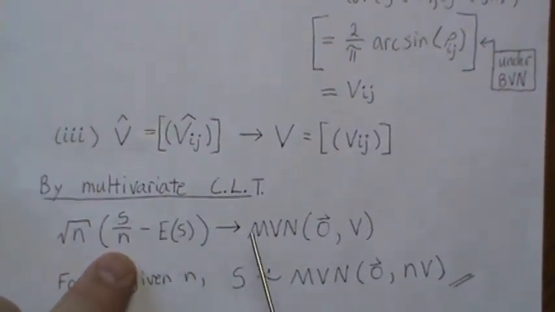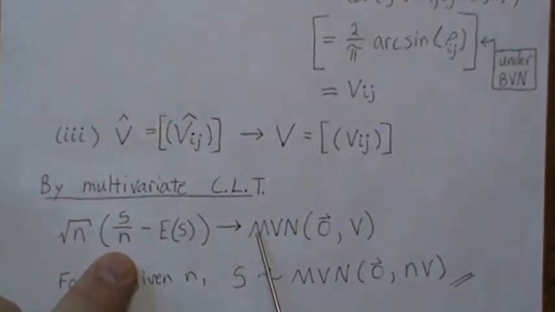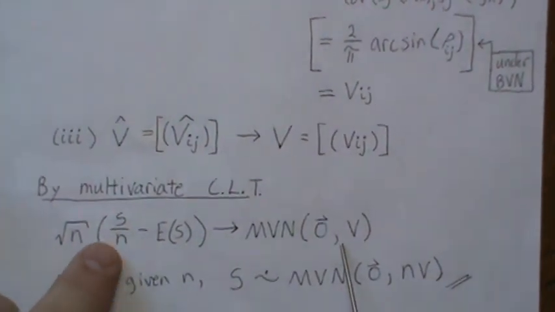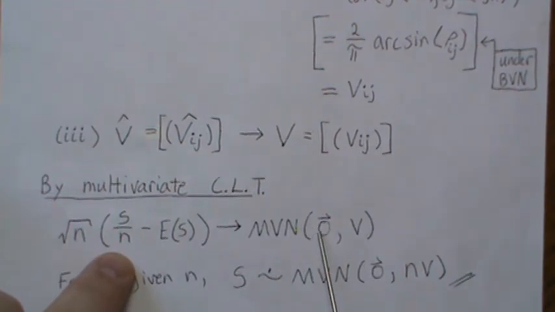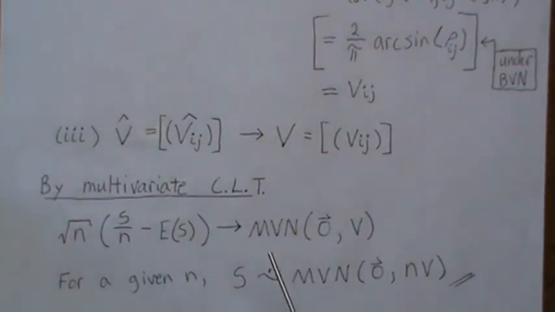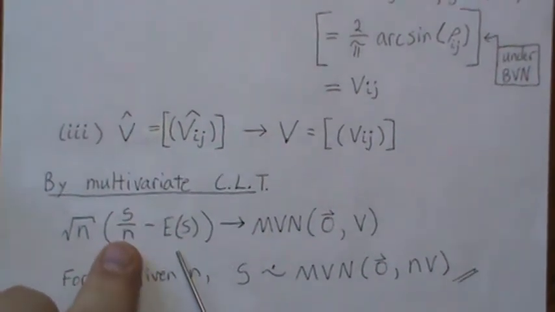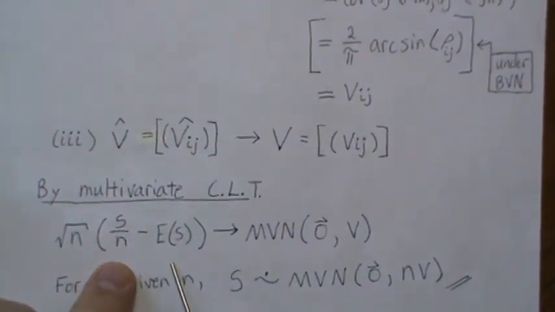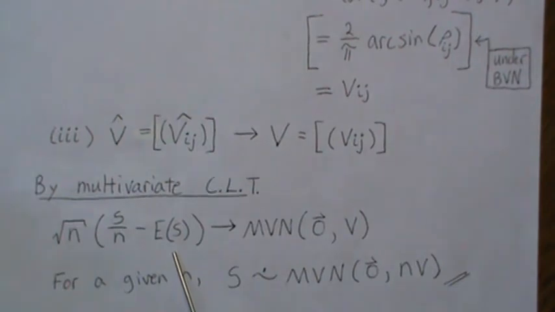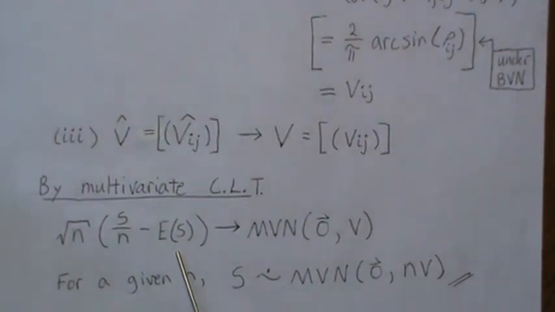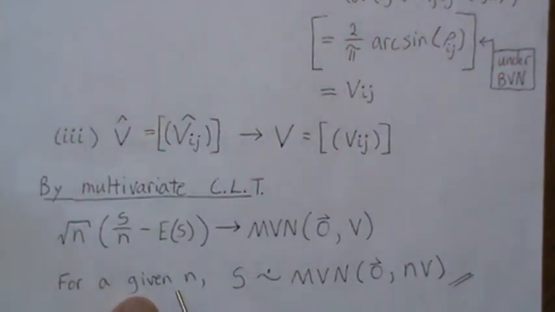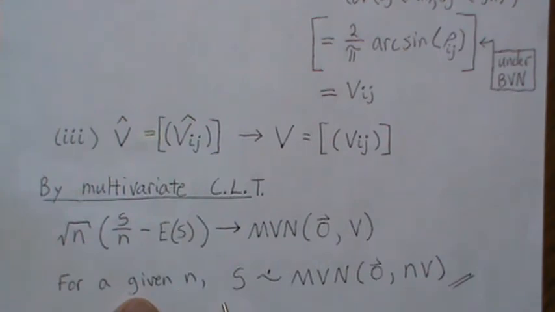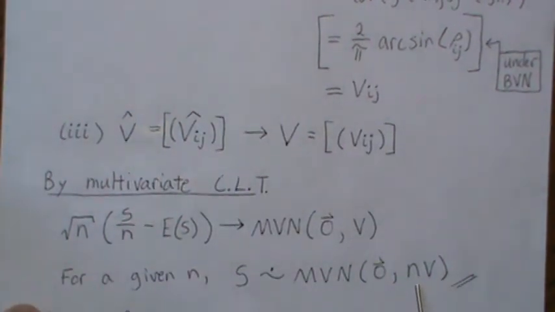Some people take the n to the other side, square root of n, and then bring it in and say that S converges to a multivariate normal this. But that's not the case. You need the n's on this side to show asymptotic results. But the correct way to say it, in my opinion, is for a given n, S is approximately multivariate normal with this, when you take the n to the other side.